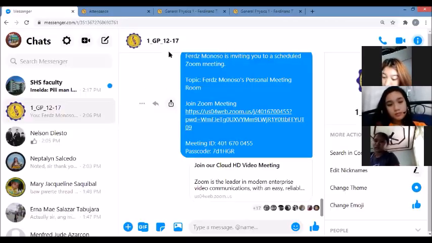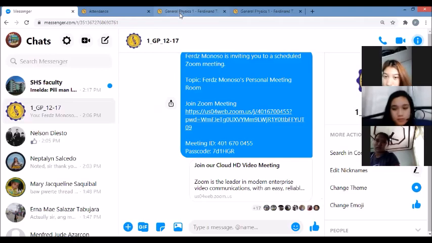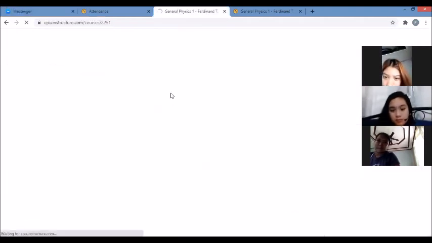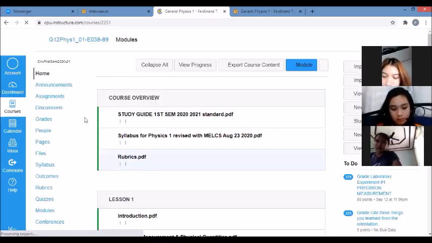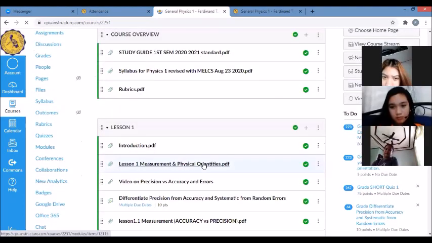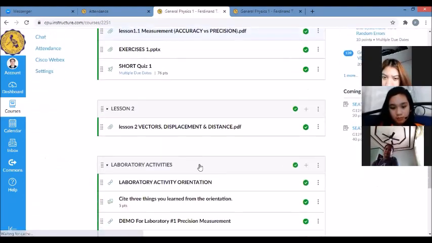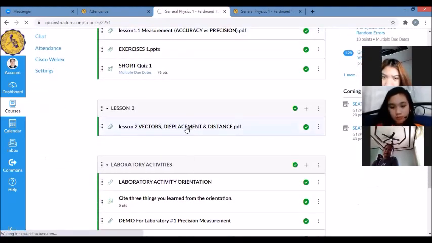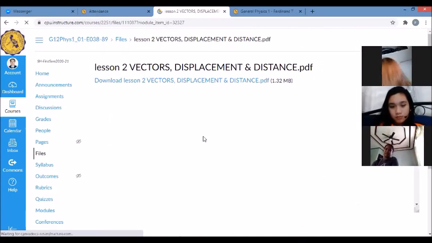So let me share this one. We are on vectors. This is the last part of the discussion on vectors, and we will have our seat work here. So please ready your piece of paper.